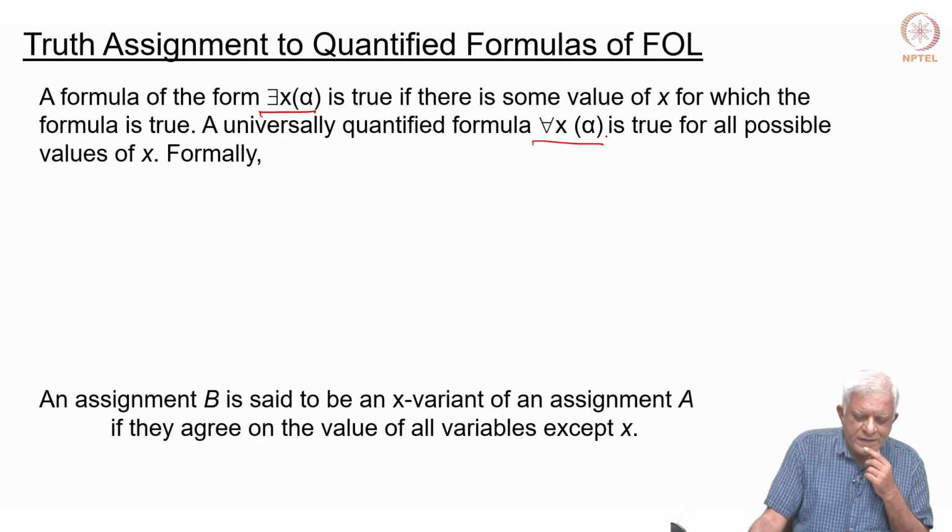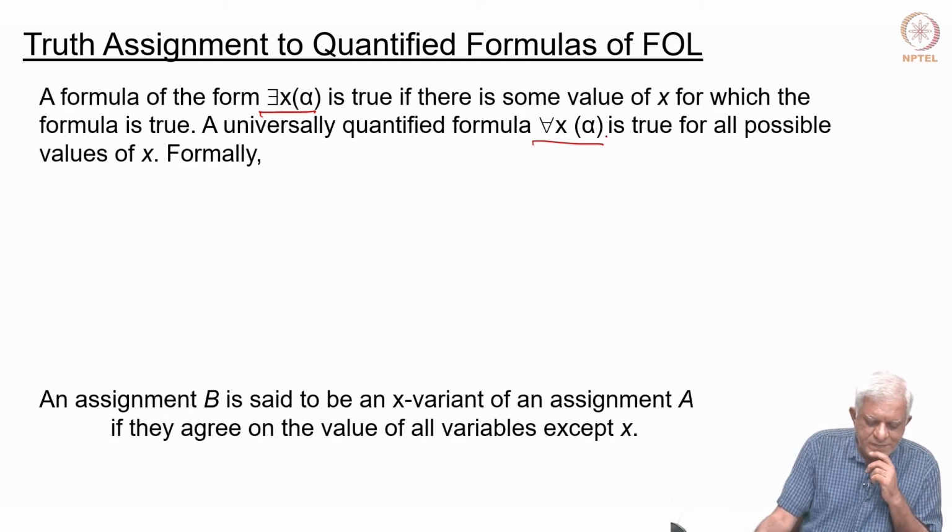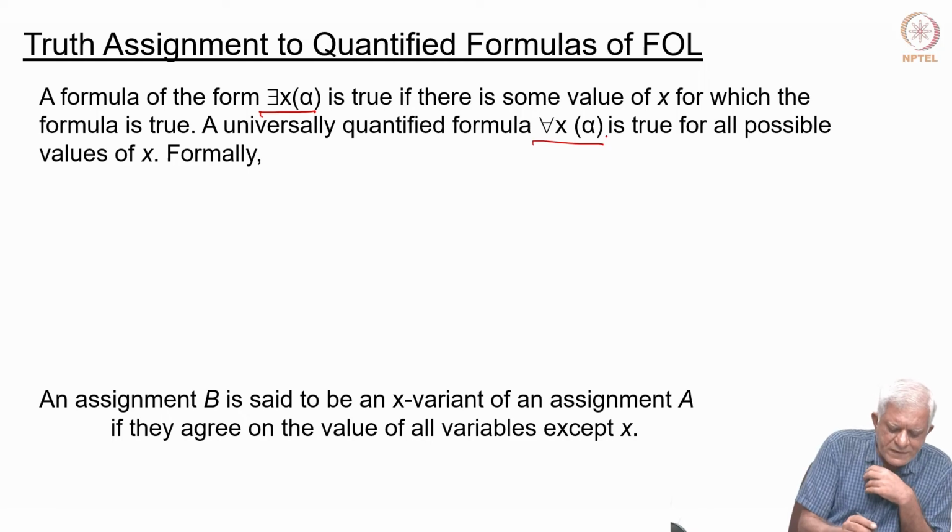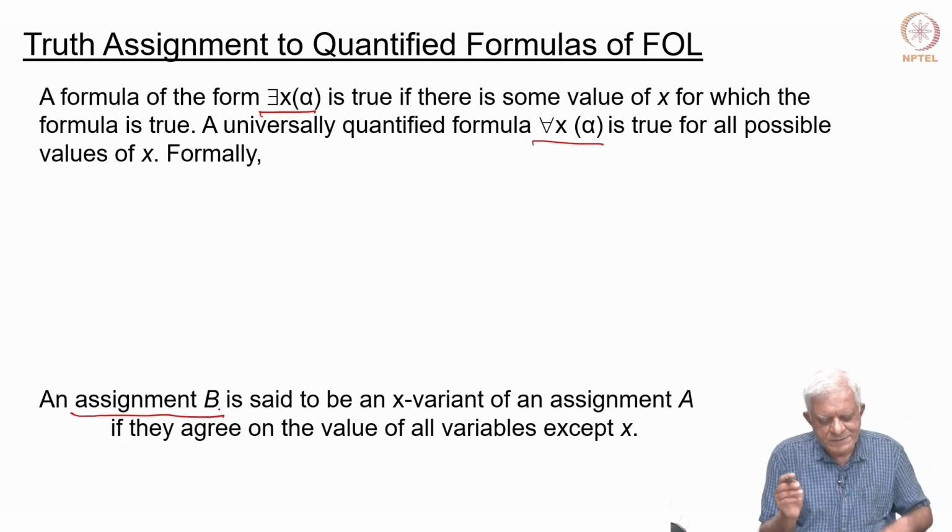Formally, we can define it as follows. Remember this x is a variable essentially. Of course, it is a quantified variable, but what variables are subject to assignments essentially. So, we say that an assignment B, what is an assignment? Assignment gives values to variables.